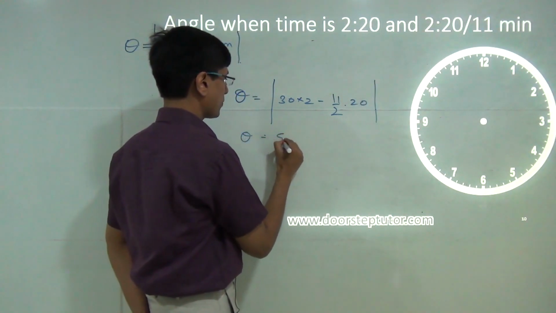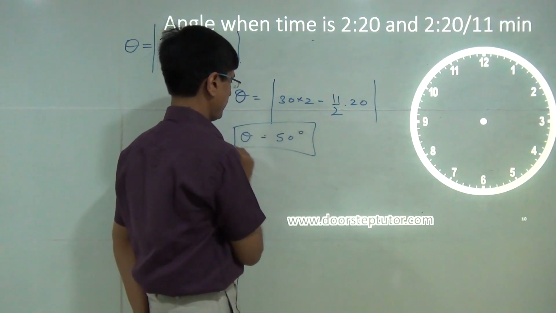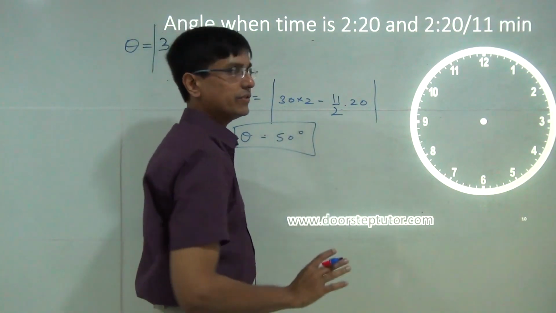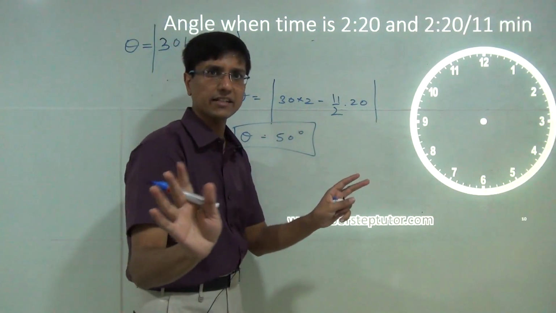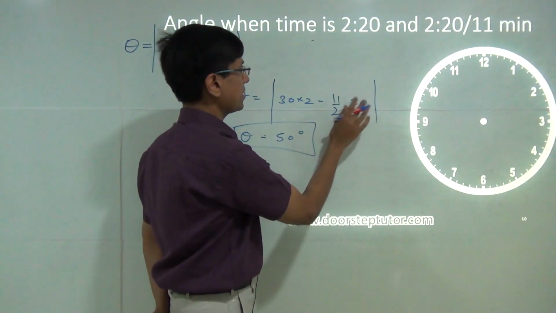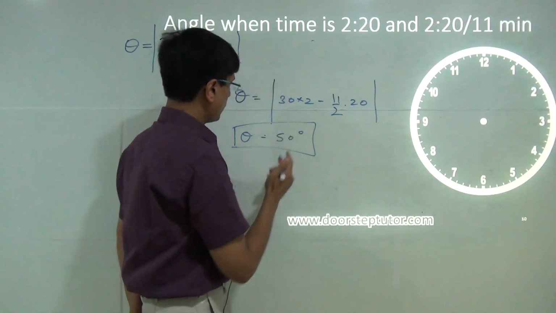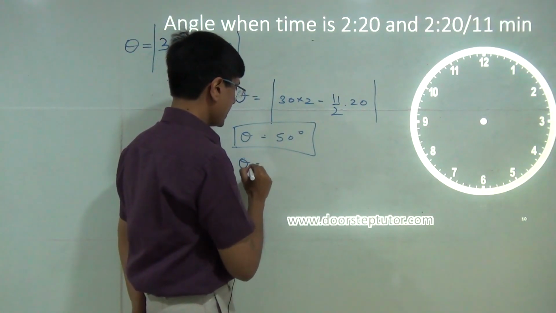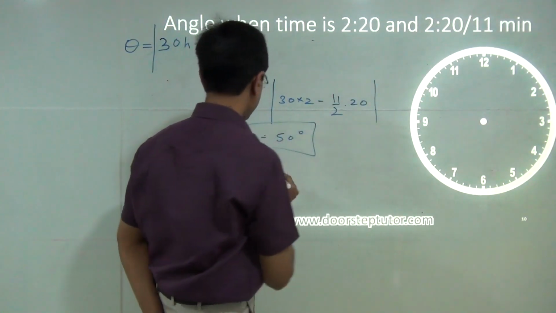Therefore, theta comes out to be 50 degrees. Very simple. It is the absolute value, so if a negative comes here, we just discard that. We don't worry about that at all. Now what's the angle at this time?